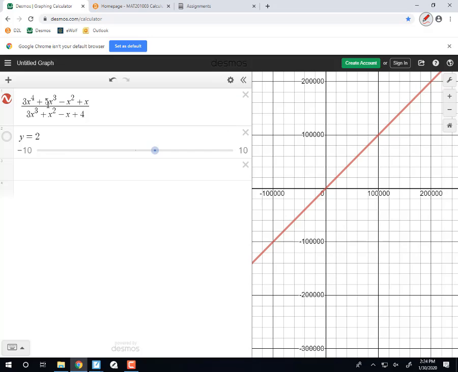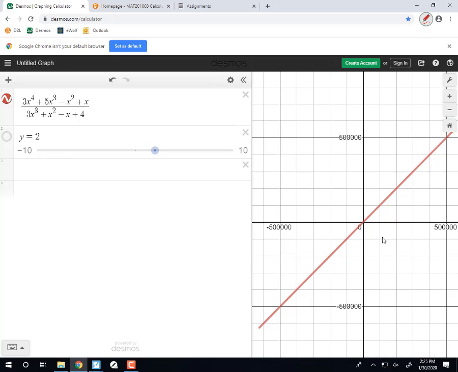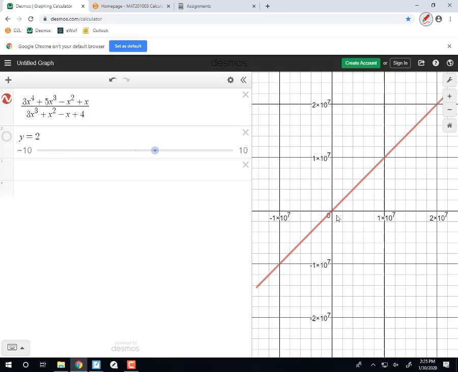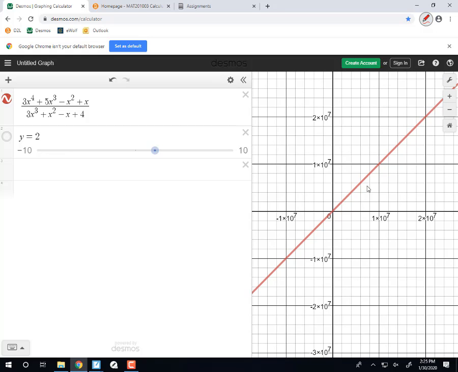So there was a situation where the degree of the numerator was 1 more than the degree of the denominator. Do y'all remember that one? What kind of asymptote do you get? A slant or oblique asymptote, right? Remember, slant or oblique asymptotes were linear. And that's what we're seeing here. As we get further and further out, that function is behaving like a linear function. So there's our slant asymptote right there.